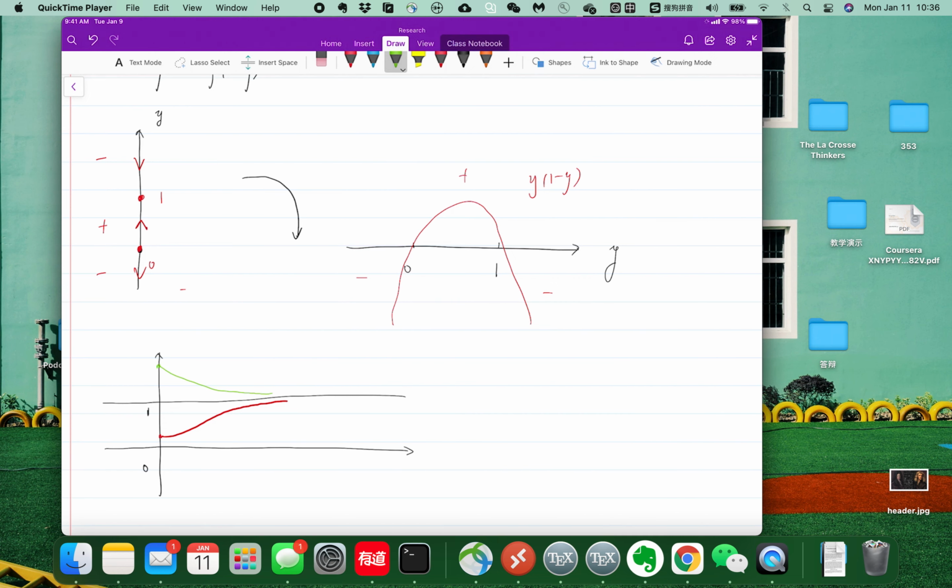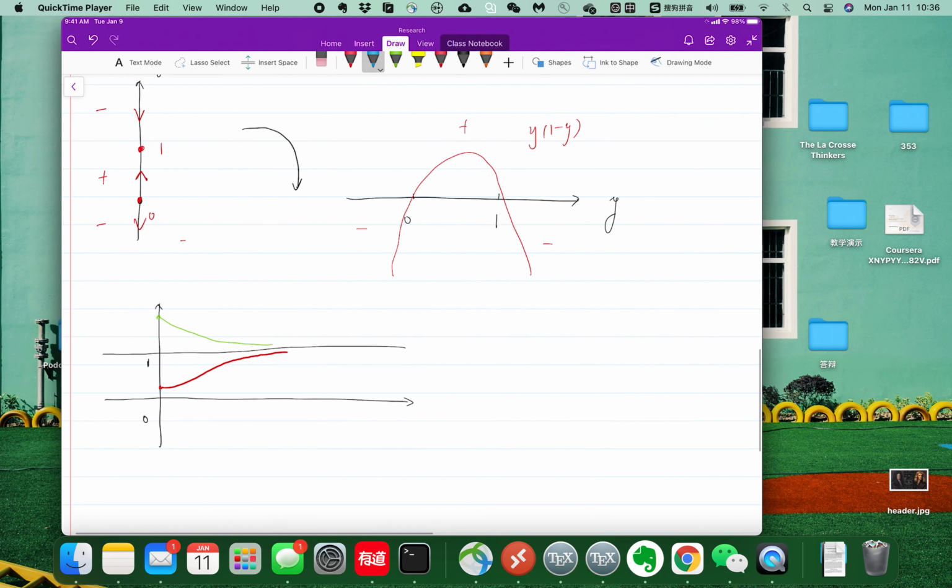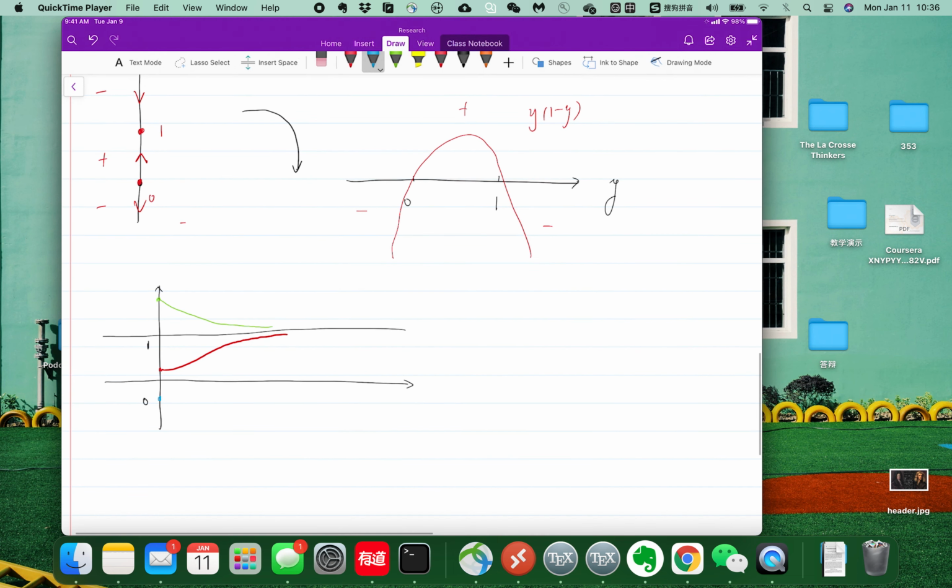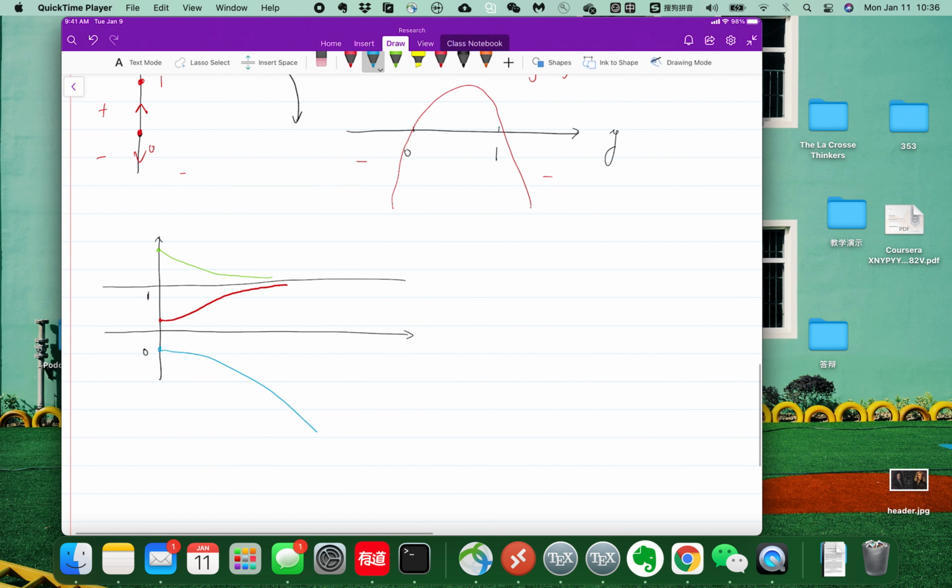You don't know how fast though, but you do go down and come here. And if you are even below, which is not possible in real life because we would have a negative initial population, but mathematically it makes sense, this one is going to go to negative infinity. That gives you the rough qualitative analysis of what's going on with the solution of a certain differential equation in a very, very quick manner. So that's pretty nice.